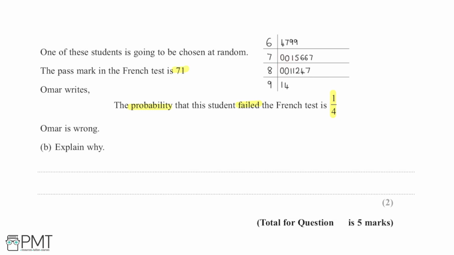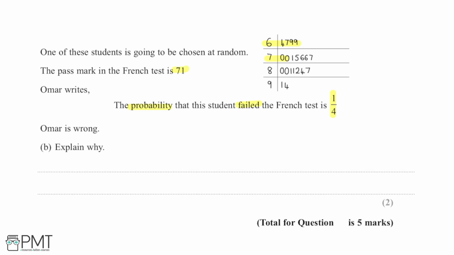We then have 71, 75, and these are all passes. So the results that we are looking at are the two 70s, and then also all of the results in the 60s. So we can count these up: 1, 2, 3, 4, 5, 6 results, which are less than 71.